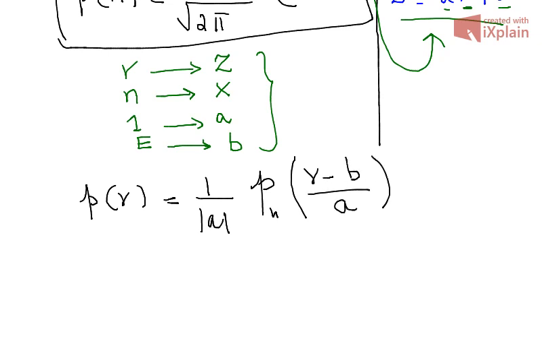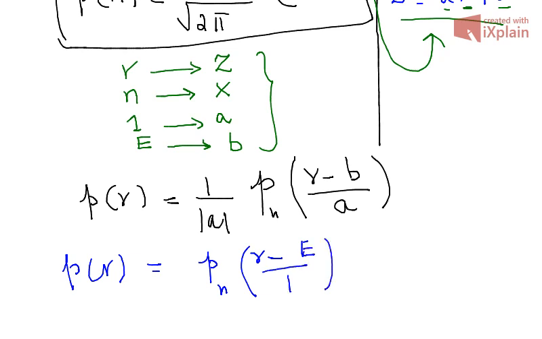Z minus B over A. Now you can plug all these values here, and you would get the PDF of R. We would be left with the PDF of noise computed at R minus B. Instead of B we have E, and here we have just unity 1.